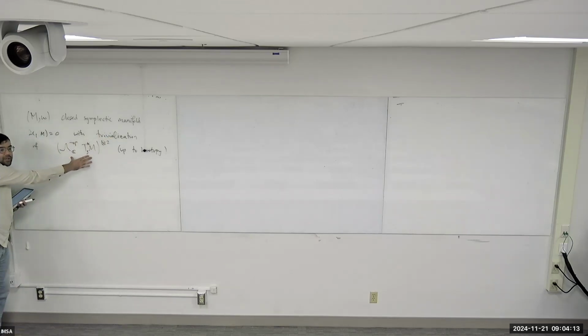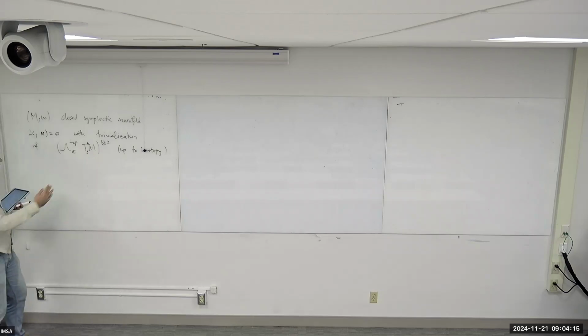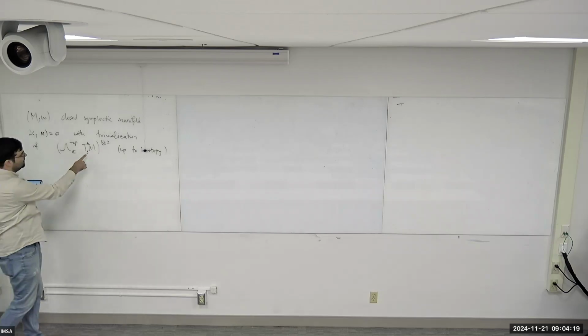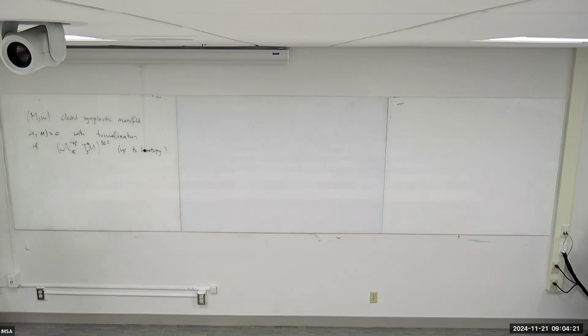So this is like the canonical bundle, and it's independent. If you change this almost complex structure that's compatible with omega, you obtain canonically isomorphic vector bundles. Well, canonically, again, up to homotopy. So all of these choices are made up to homotopy.